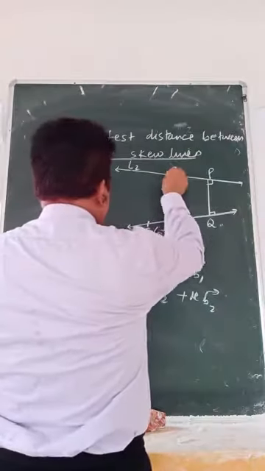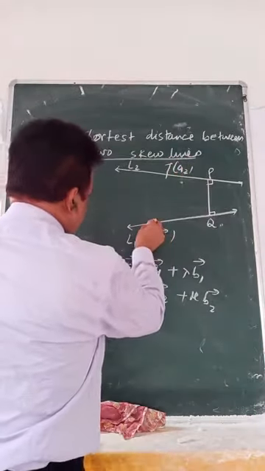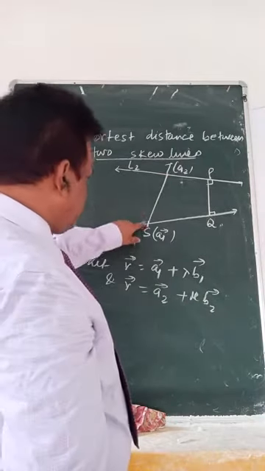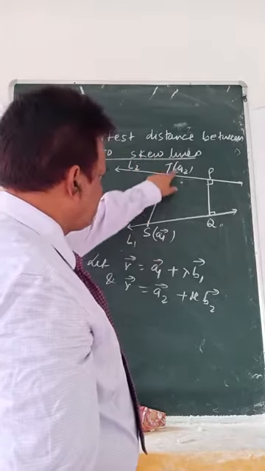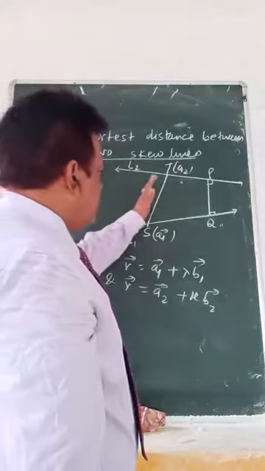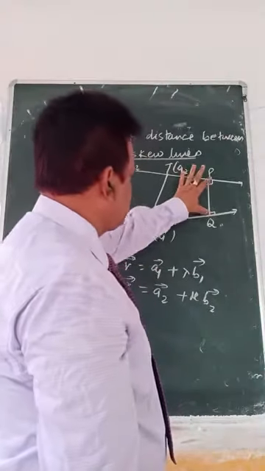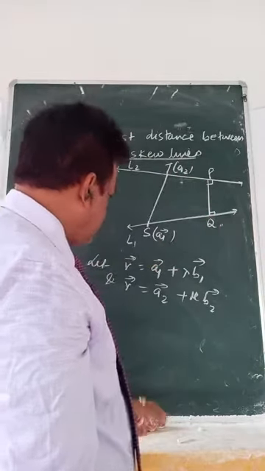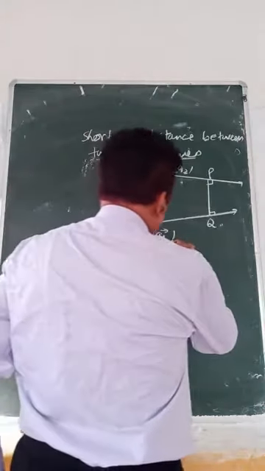T, suppose here position vector is a2. So if I join here, ST will be the relation between position vector a1 and position vector a2. That we will discuss now. So now the question here is how to find this distance, and you are given a1 and a2. One more thing is given. What about this b1? b1 is a parallel vector here.